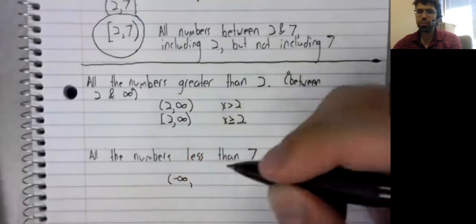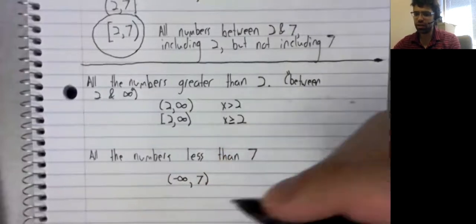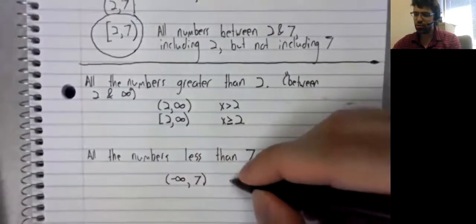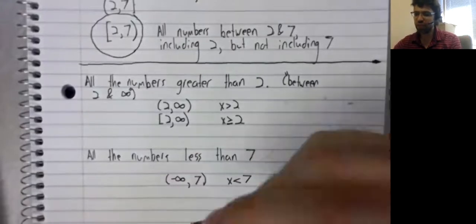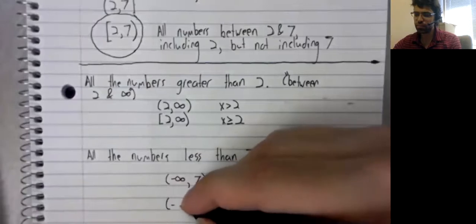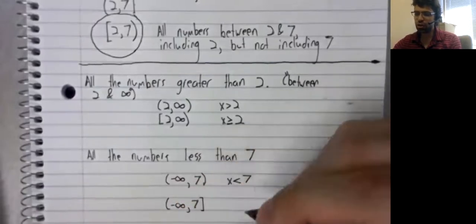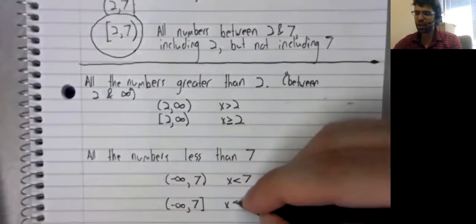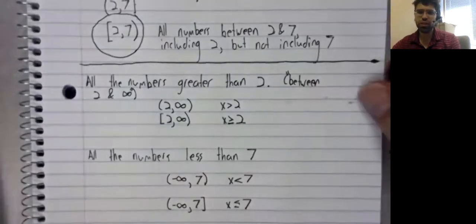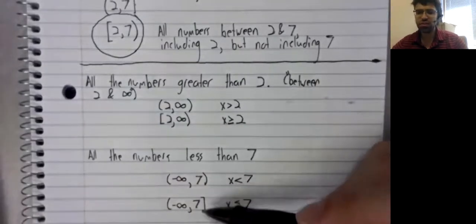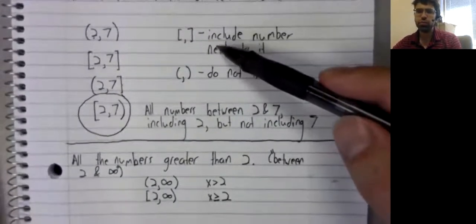We'll go from negative infinity to 7. That's all the numbers less than 7. If we wanted all the numbers less than or equal to 7, we just turn this into a closed bracket to include it.